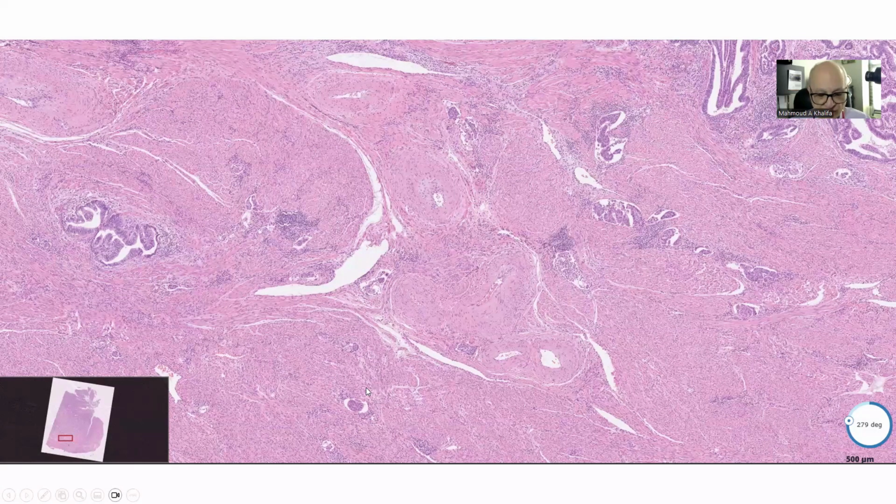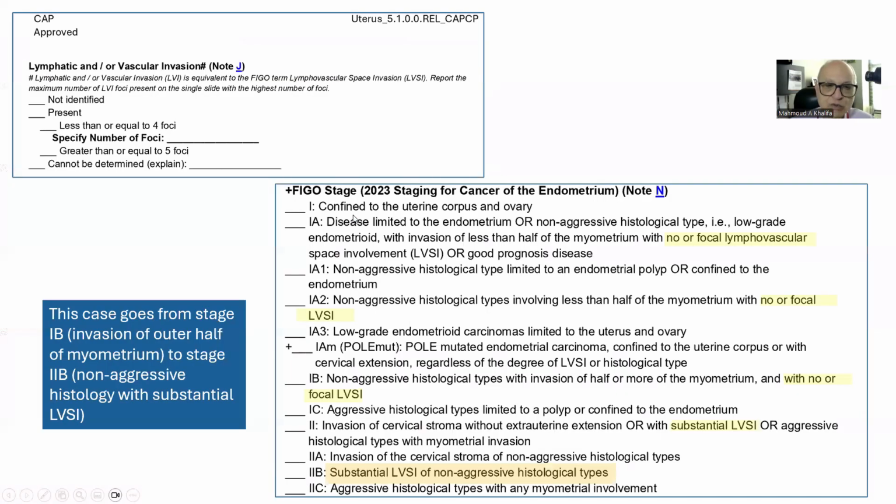Why am I counting them? I'm counting them because the new classification, the new staging of endometrial cancer depends on the number of lymphatic vascular invasion. If they are less than 4 or 5 or more. You can see here the staging and how the number of lymphatic vascular invasion can influence staging.